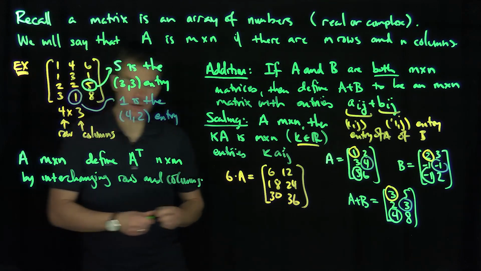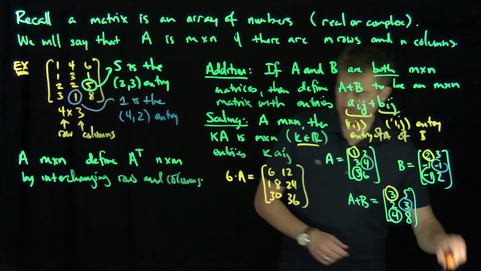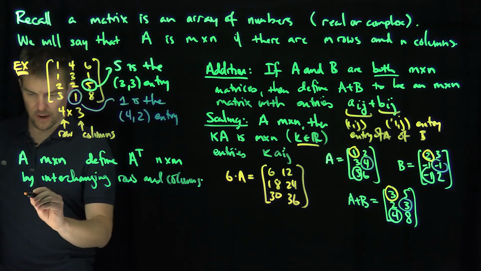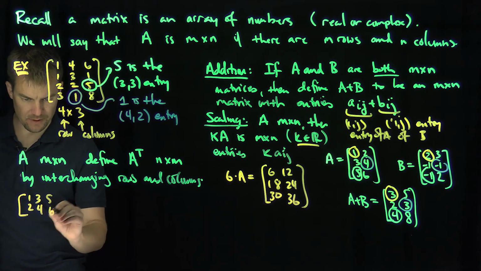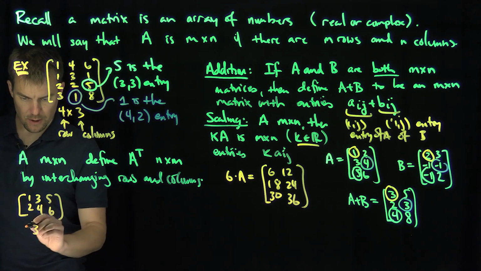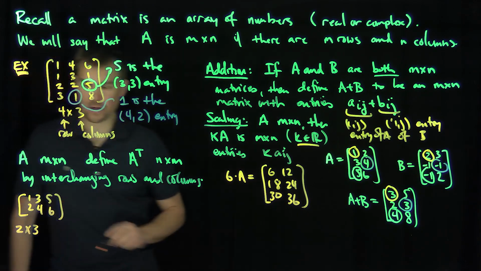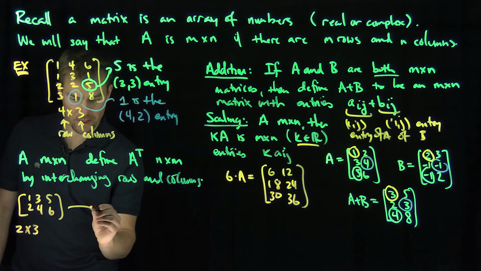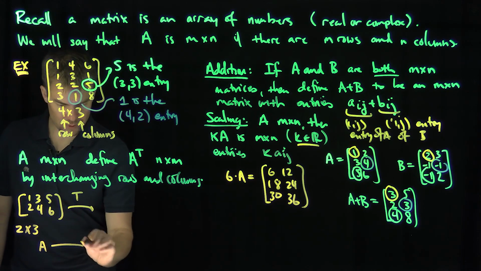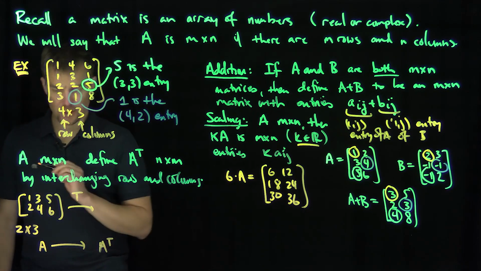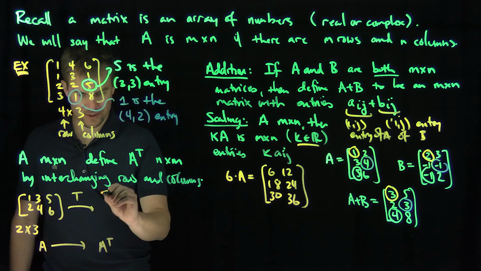Okay. And so, of course, transposing is also relatively straightforward to do. So, for example, if I was to do 1, 2, 3, 4, 5, 6, this is a 2 by 3 matrix over here. And if I was to transpose this matrix, so this is my matrix A, this will turn into A transpose. A transpose is going to be a 3 by 2 matrix.